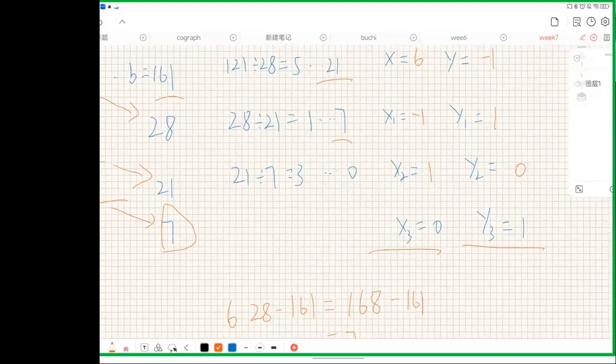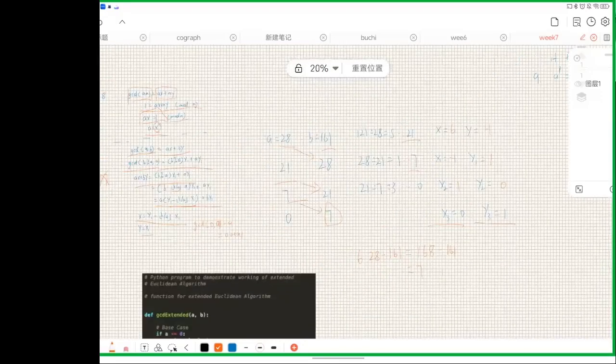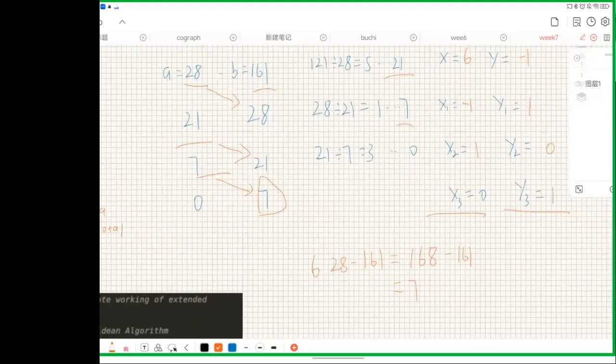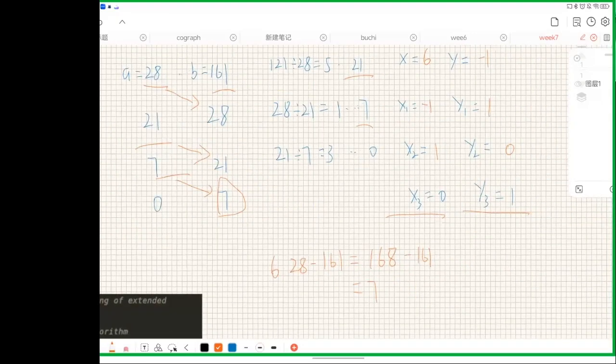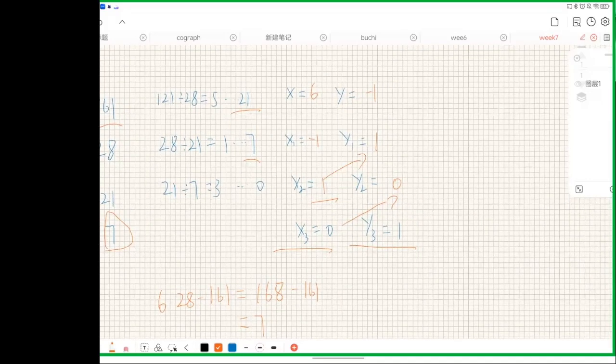Let's go on. What's the formula like? x equals y1 minus the division times x1. So here it is 1 minus 3 times 0, which is 0, so this is 1. And we put this one here. Similarly, 0 minus 1 times 1 is negative 1.